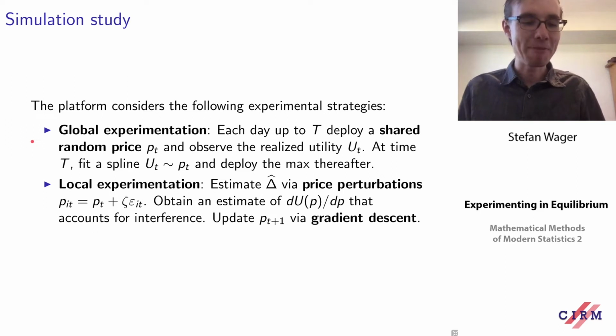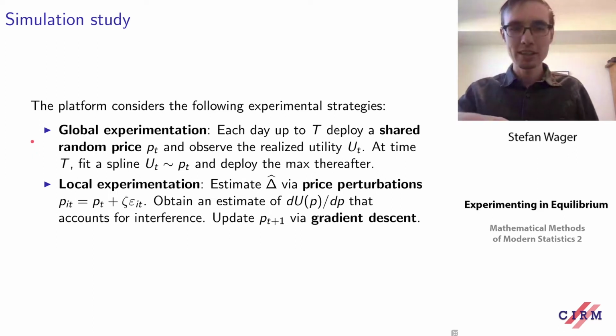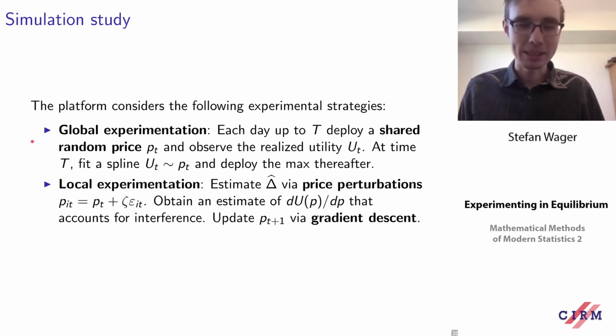If you're from the bandit literature community, this is very closely related to zeroth order optimization, because every day you pick some target price P_t, deploy it for everyone, observe a realized utility, and then try something else. Every day you can try something and in the end pick the P_t that gives you a high average reward. A lot of baselines fall roughly in this category.